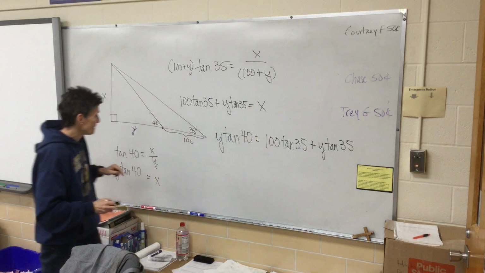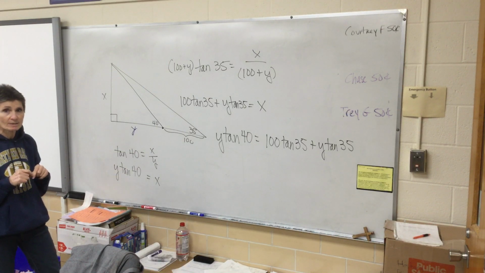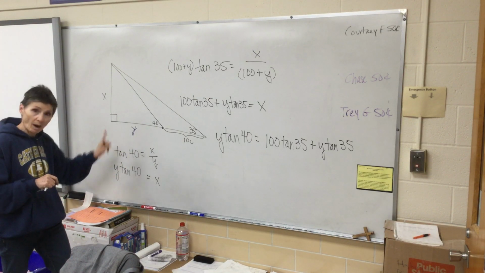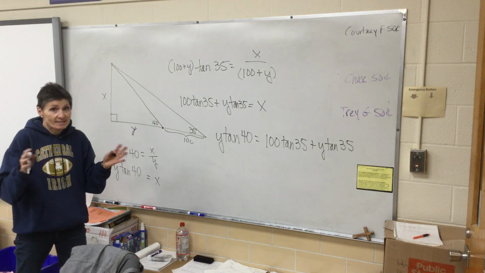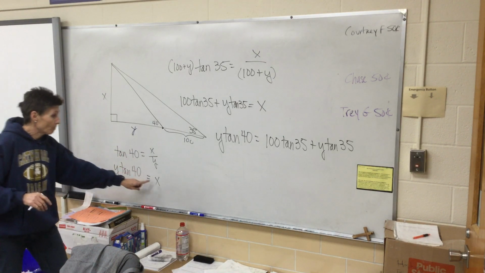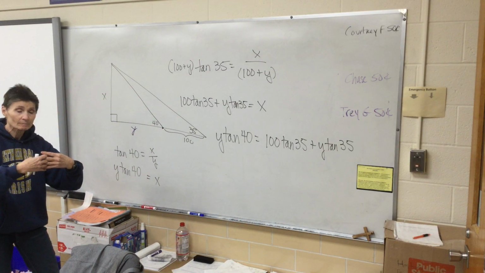So I took my picture and wrote 2 separate equations using x and y, and now I just did substitution. They're both equal to x, so they must be equal to each other.